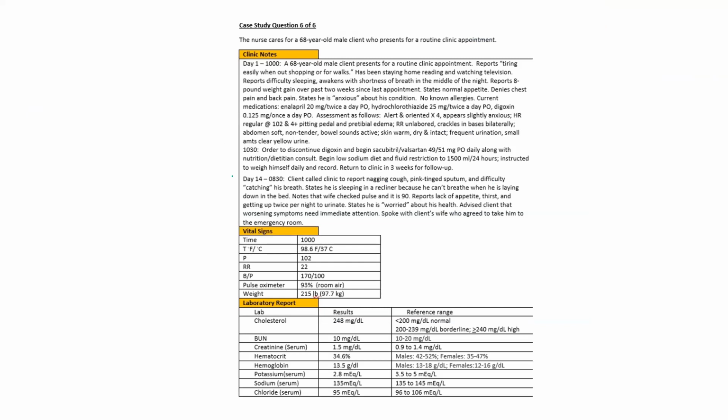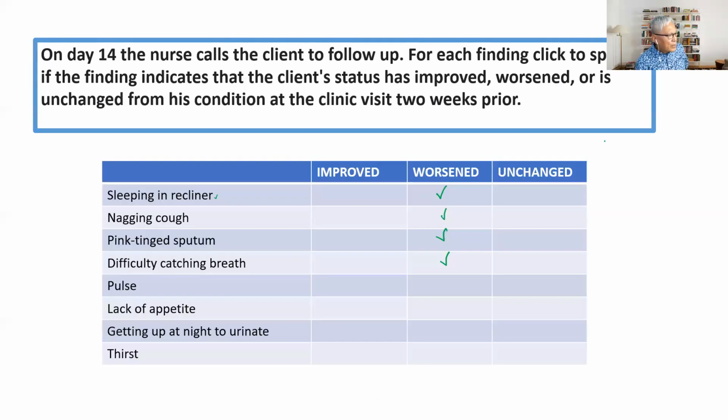It says day 14, wife checks pulse, and it is 90. Okay, it was 102 before, right? So this is an improvement. See, this is the one that's difficult because we're not on the same page. All right, so the pulse is improved.